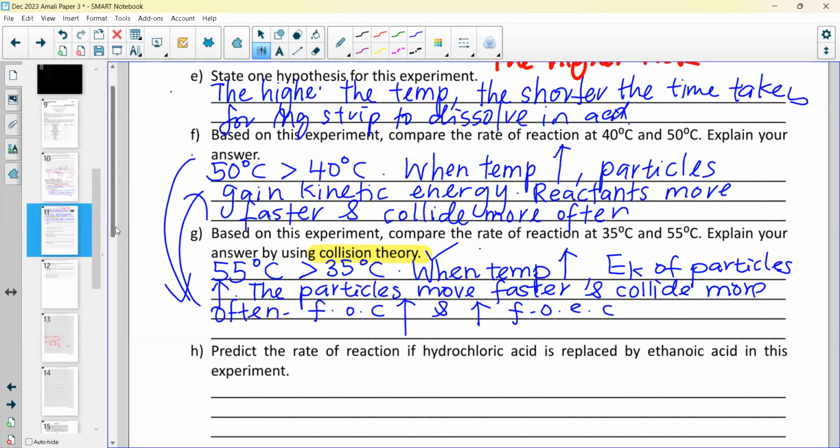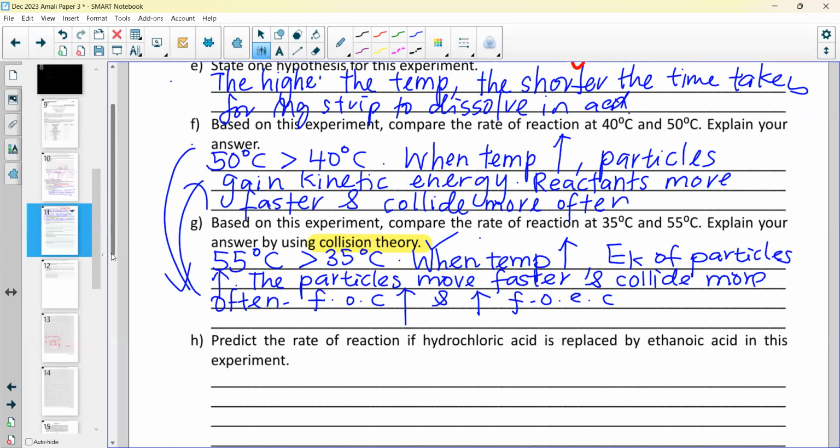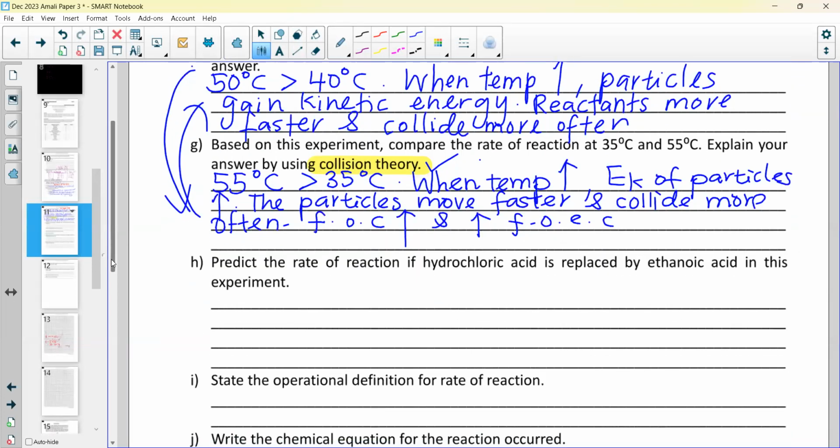Now predict the rate of reactions if hydrochloric acid is replaced by ethanoic acid in this experiment. Okay, the rate of reaction decreases. Explain why. Maybe someone will try. Tina? Ethanoic acid is a weak acid.